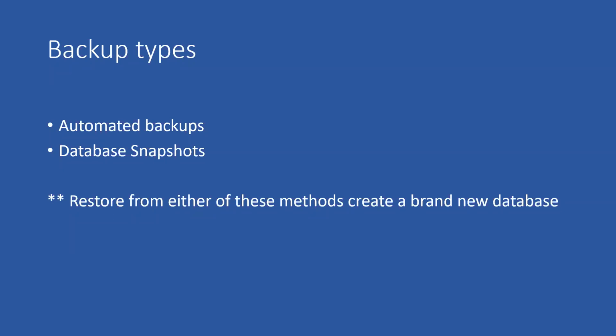So essentially, you have to worry about backups also. Amazon RDS supports two kinds of backups. One is automated backup and the other is called database snapshots.